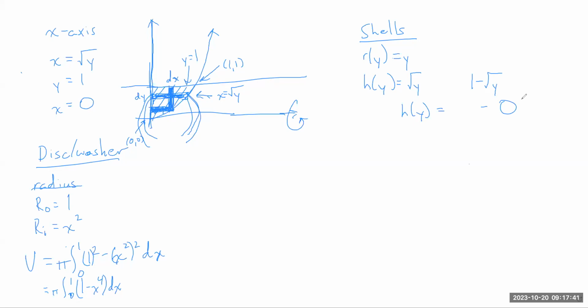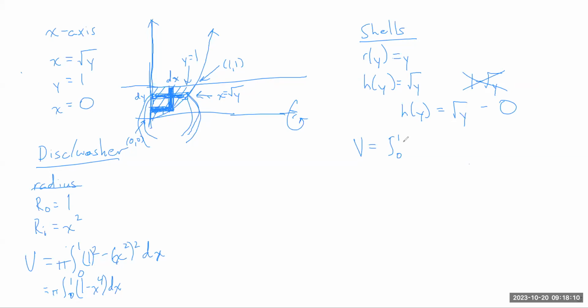What is the right end of this rectangle going to be given by? That's root y, right? So I think the first impulse was good. So radius is y, height is root y. And I finish setting up this integral. What are the bounds? 0 to 1.